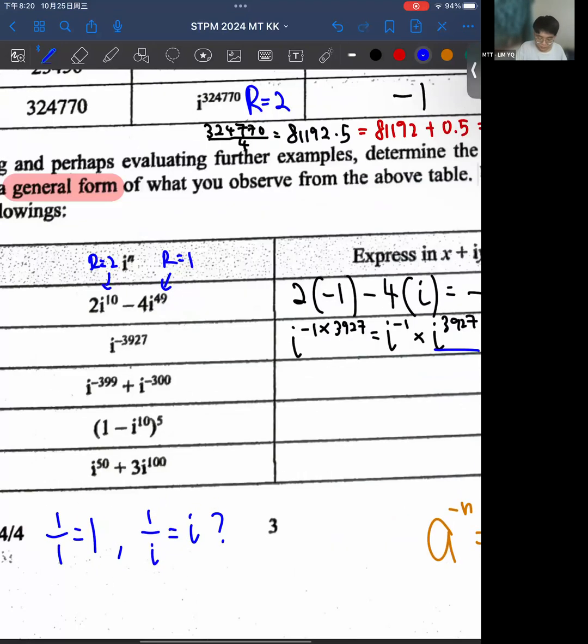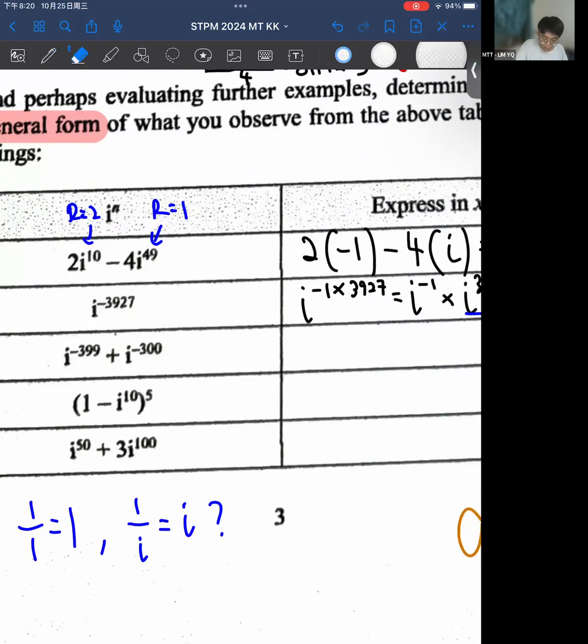In fact, no. Why no? Very simple to check only. If you cross multiply, 1 equals i square equals -1, which is always false. So this is not true. How to prove 1/i equals what? So you do multiplication by i. You multiply up and down by i. Actually, this technique is called multiply by the conjugate, but it doesn't matter actually.